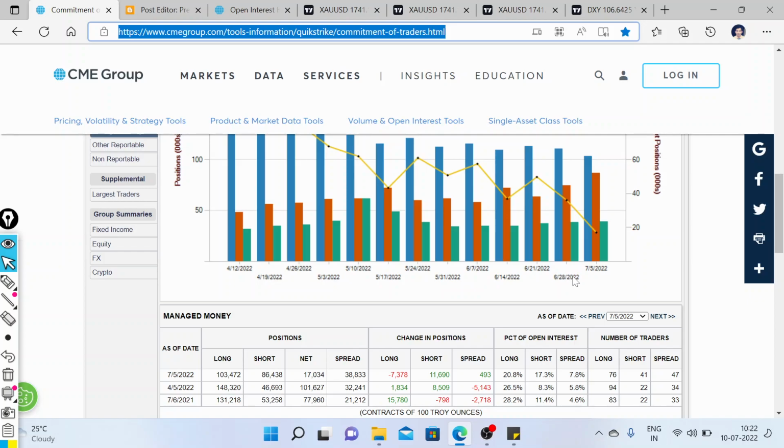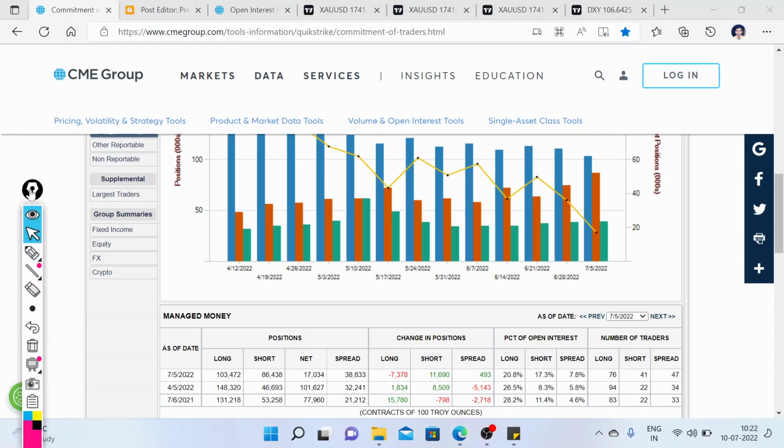So let's start with the COT report first, and this is the latest COT report that we have. If we look at the positions of managed money, you can see in the change in position this time in the net long position, a clear decrease compared to the previous COT report.